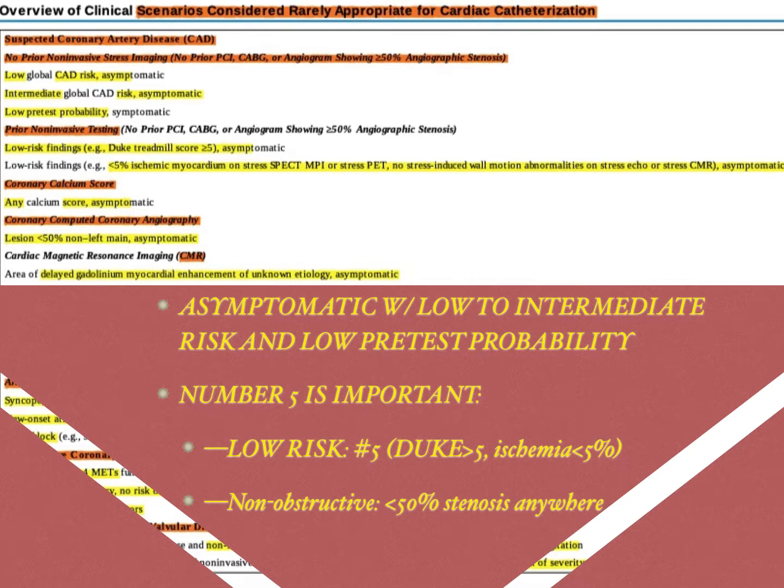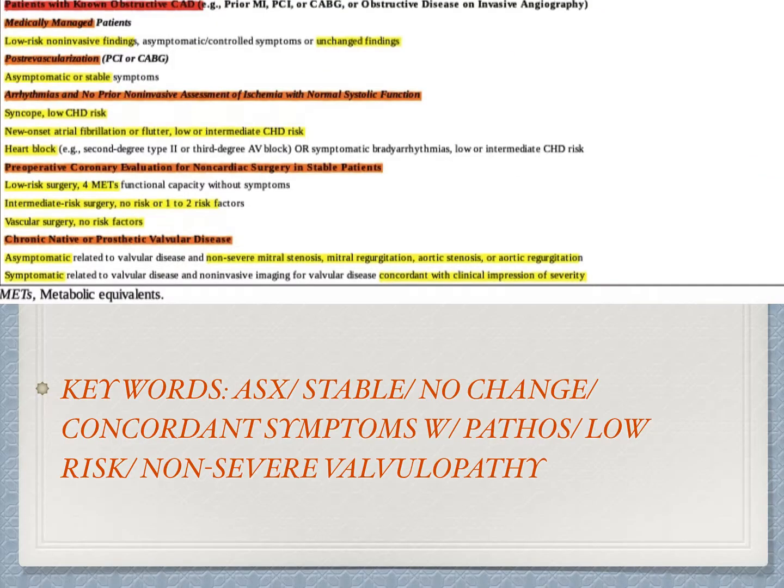Or if you have a non-invasive test which shows low risk findings, like less than 5% ischemic myocardium. And also, if you find non-obstructive disease, this means less than 50% stenosis anywhere. For the other characteristics, you can read them in this slide or pause the video.